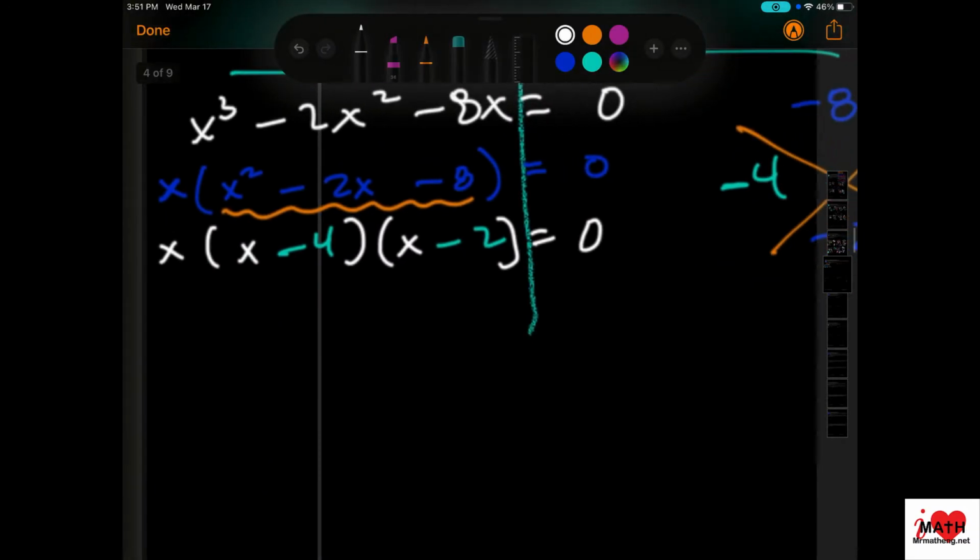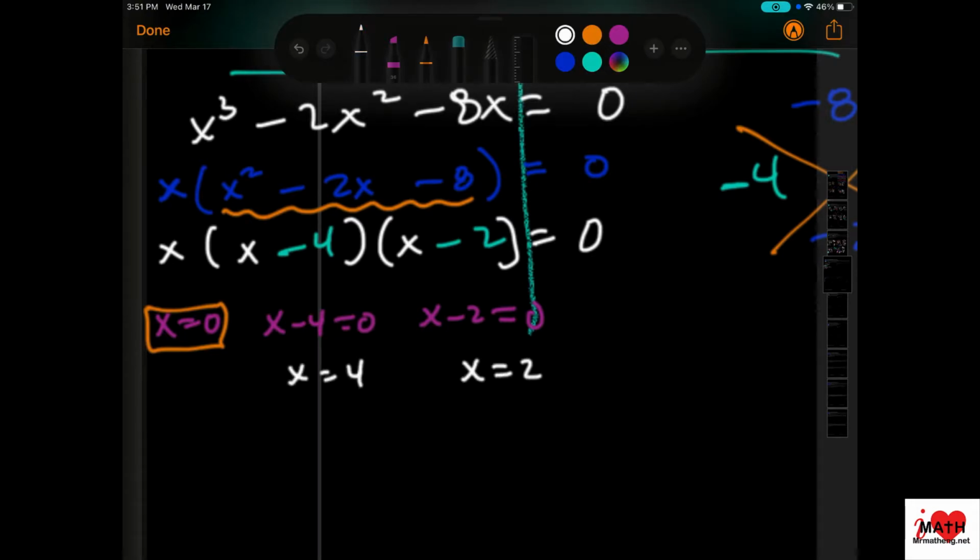All right, now we're going to apply the zero product rule to each one of these. And x equals 0, x equals 4, and x equals 2.